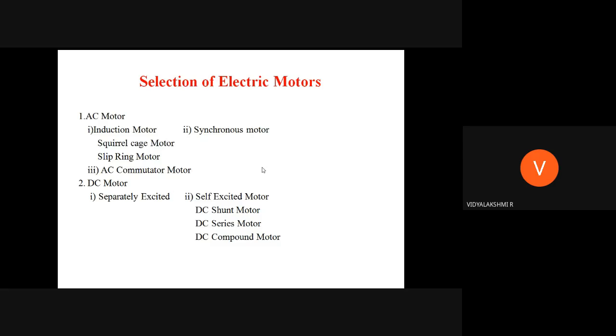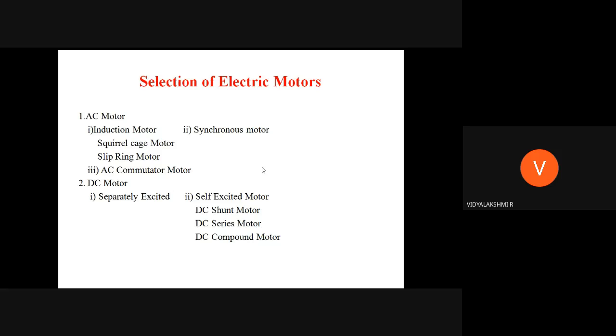Normally, in order to start the machine, I go with starters. Starter is nothing but something added to limit the starting current. It is made up of starting resistance, because if I include resistance, my current will drop, because I is inversely proportional to resistance.